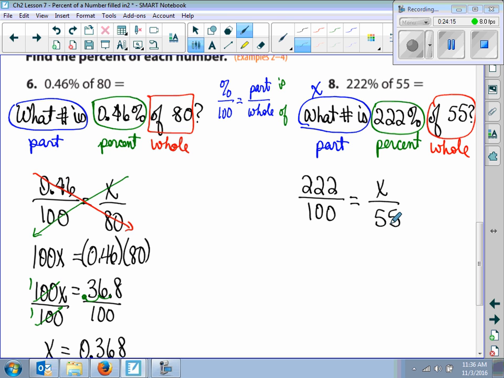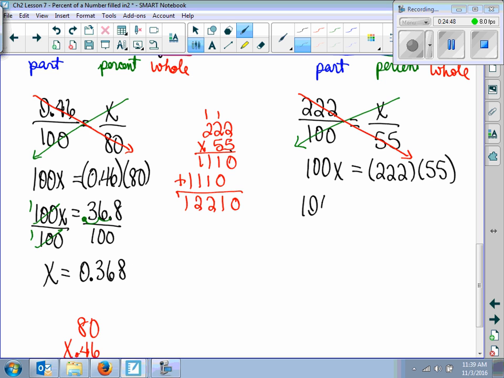Cross multiply. Very good. So, we're going to cross multiply. We're going to go this way, and we're going to go that way. So, on one side, we have x times 100, which is 100x. Very good. On the other side, we have 222 times 65.